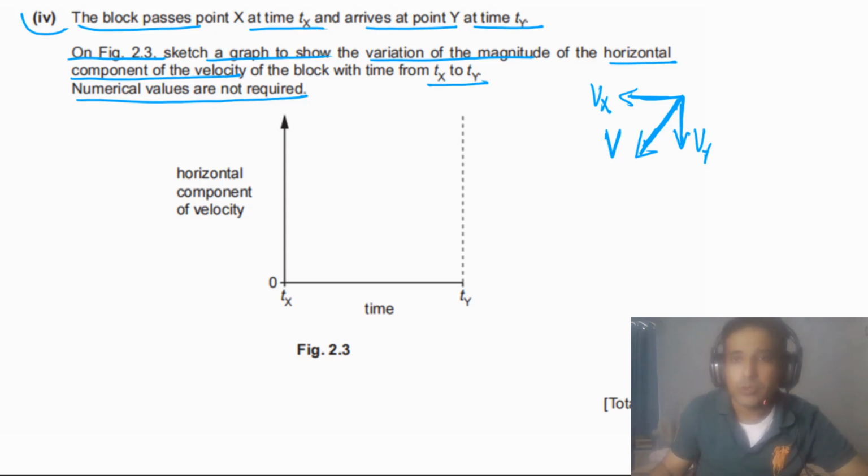So the horizontal component of velocity will remain constant. We simply need to draw a horizontal line, and this question has only 1 mark. If you draw this horizontal line, you will get 1 mark.